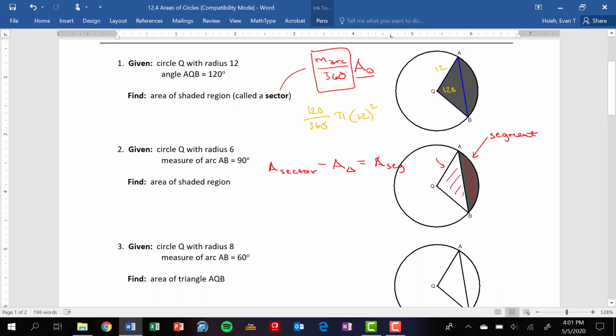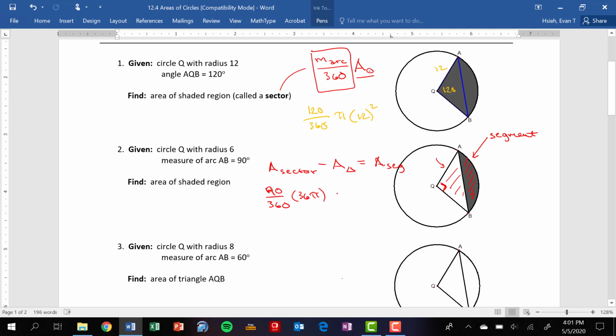So if we're looking for that shaded region, we start with the area of a sector, which we just learned is the measure of the arc. In this case, the measure of the arc is 90, so it's going to be a right angle here. So we know it's 90 divided by 360, or 1/4 of the area of the entire circle. And we know that the area of the entire circle is 36 pi, because the radius is 6.